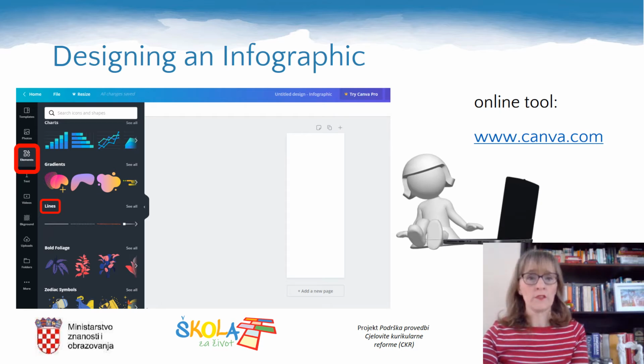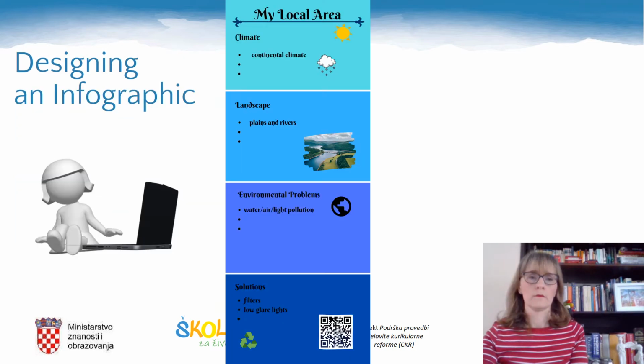While following the video, pay attention to the following infographics and see if you can recognize how the sections have been formed. Okay, before you start designing an infographic, it is a good idea to prepare notes you're going to use. This way, you will be able to pay more attention to the design itself.